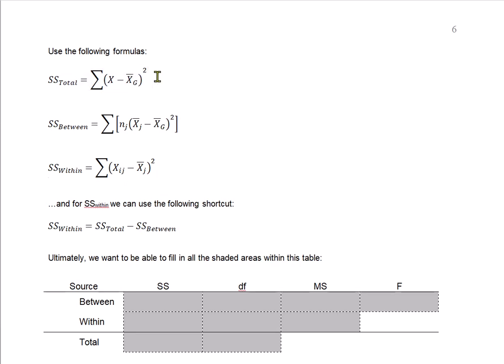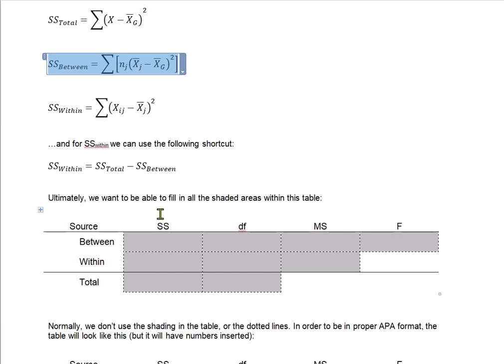So if you calculate this one, and then if you calculate this one, there's no reason to go through this entire computation. You can just take the total, subtract the between, and you'll have the within.